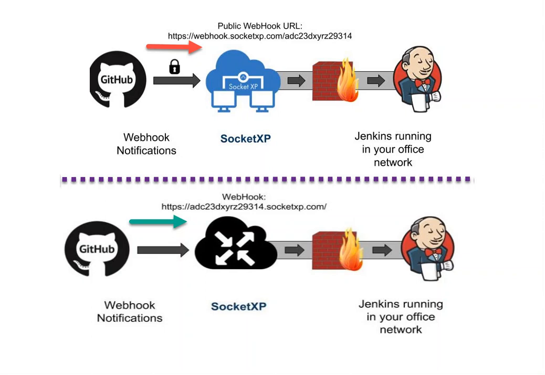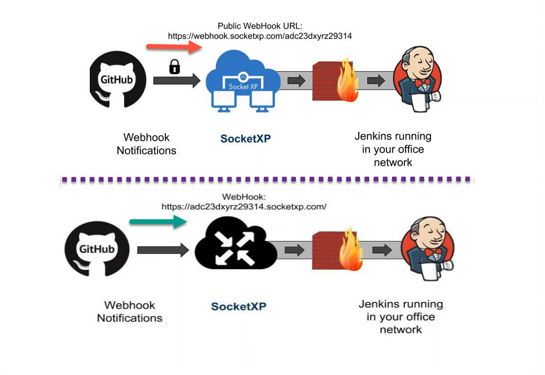To implement CI/CD integration, we need to integrate our source control management tool, here GitHub, though you can use different tools like Bitbucket, with the CI tool, which is Jenkins here. You can use another tool, for example Bamboo.